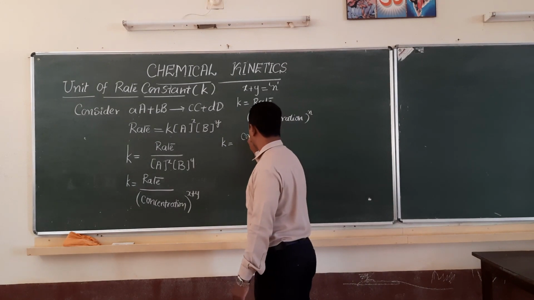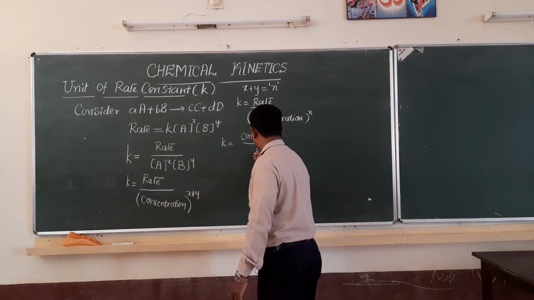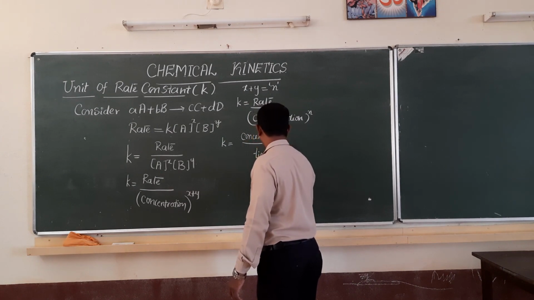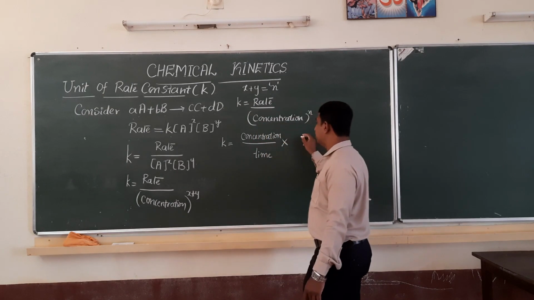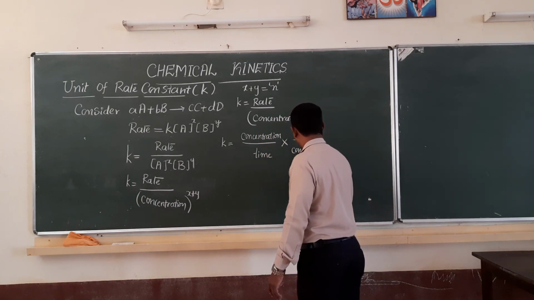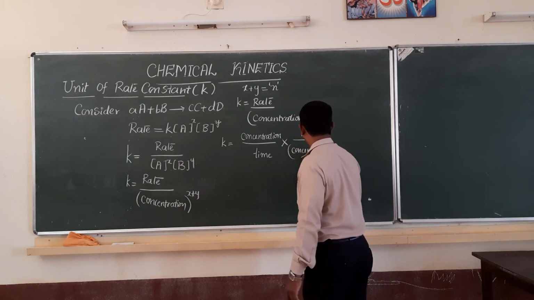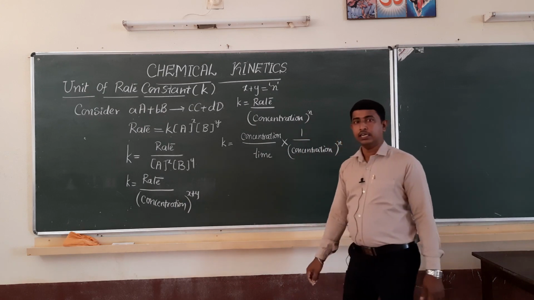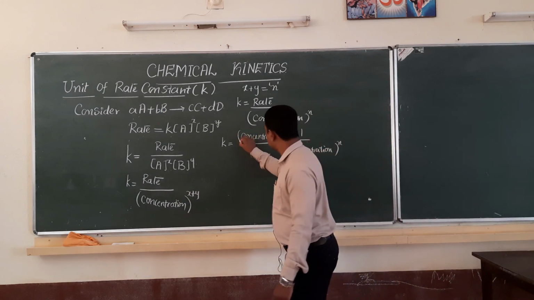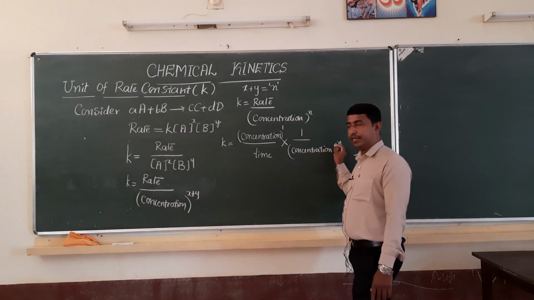So rate is equal to concentration divided by time, which can be written as concentration term to the power n divided by concentration term to the power 1.